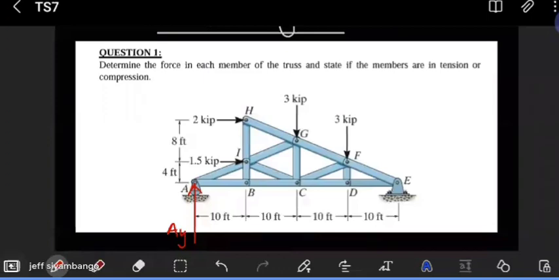And then at E, that being a pin, we can assume the reaction forces. We have one going up, we can label that as EY. And then we can have one in the x-axis, and we can assume it is going to the left, and you can label this as EX.